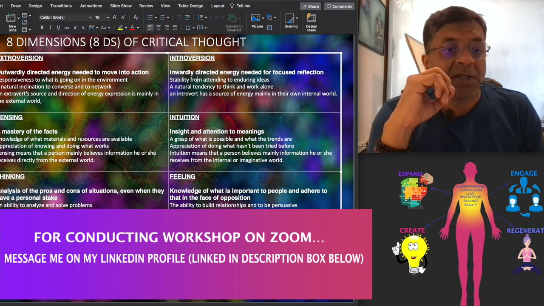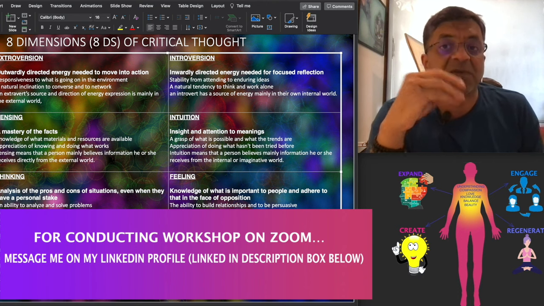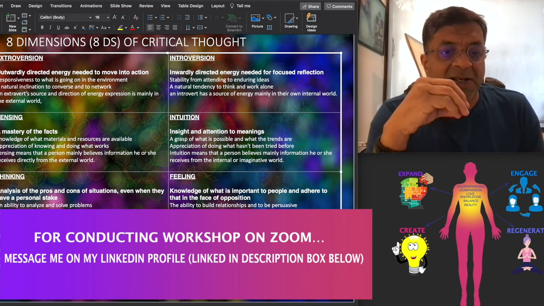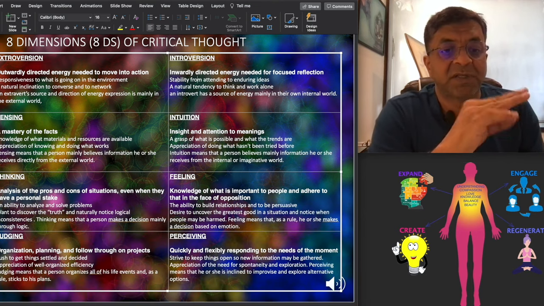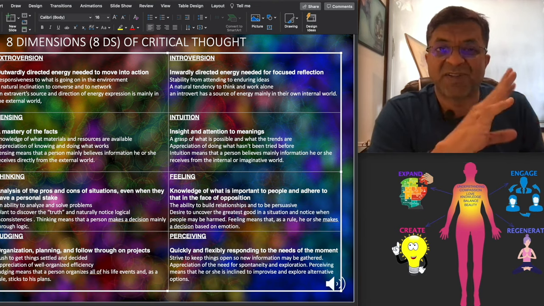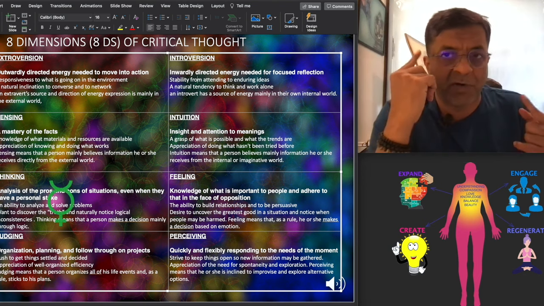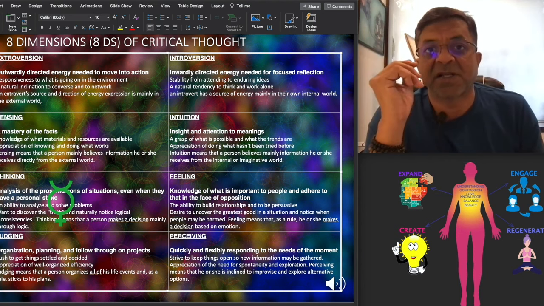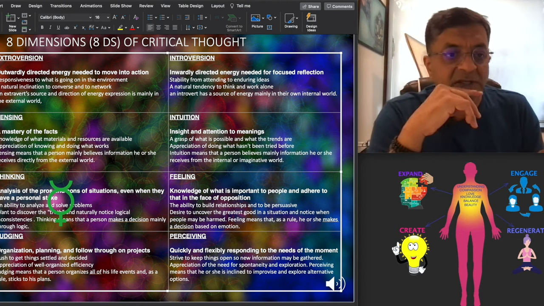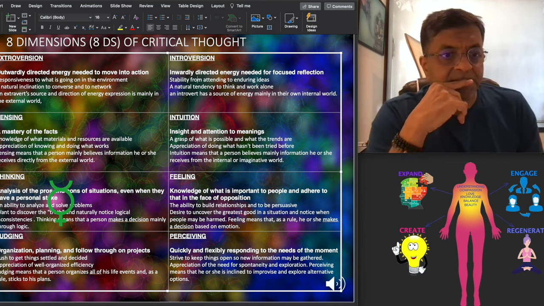Okay. The next dimension of thought is thinking itself. Thinkers, what do they mean? Analysis of pros and cons of any situation, even when they have a personal stake. This is more like Gemini energy, more like Mercury. You see, intellectual people, they're all about the mind. Even Aquarius, all about the mind, the air signs, Libra, Gemini, Aquarius. More like mercurial energy.